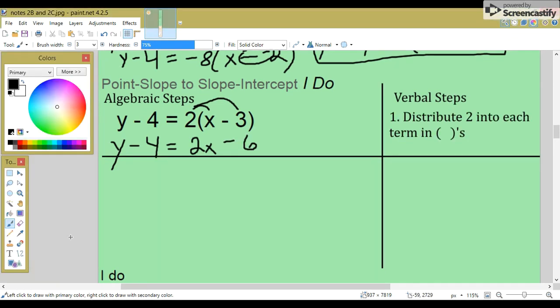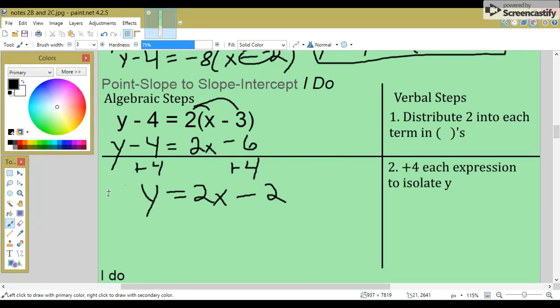Step 2, add 4 to each side to get y by itself, to isolate the y. So we have y equals 2x minus 2. So we have our answer in slope-intercept form. y equals 2x minus 2, where the slope is 2 and the y-intercept is (0, -2).